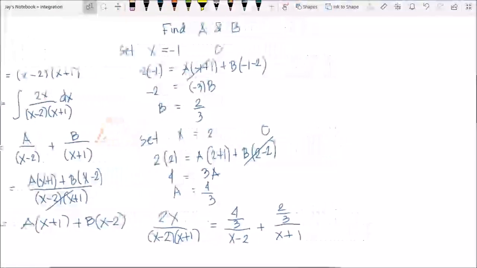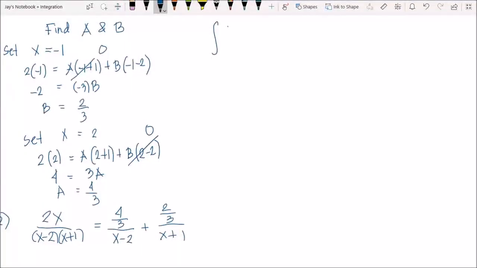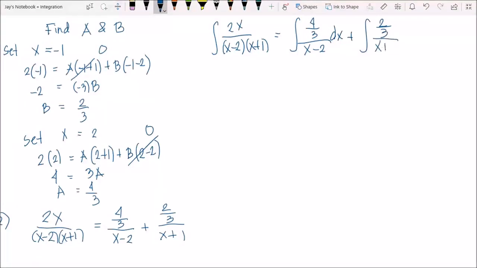We can say that the integration of 2x over x minus 2 times x plus 1 is equal to the integration of 4/3 over x minus 2 dx plus the integration of 2/3 over x plus 1 dx.